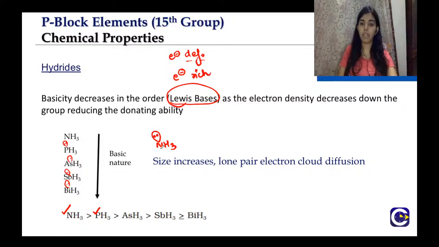In ammonia, because of the greater electronegativity of nitrogen, the lone pair is not delocalized but situated on the nitrogen itself, so it is available for donation. In the others the lone pair is delocalized over the whole hydride compound, therefore the basicity decreases. Okay, so I hope I am clear.